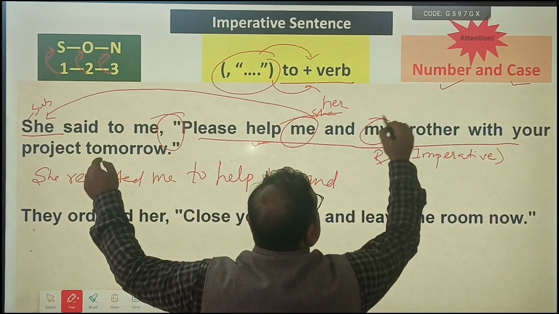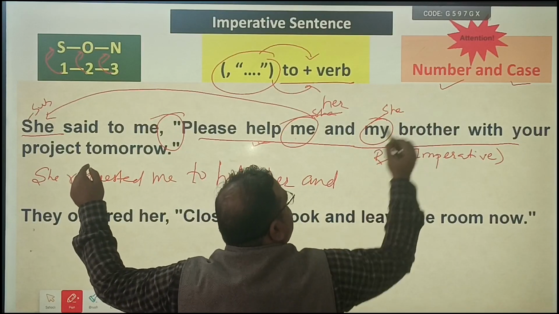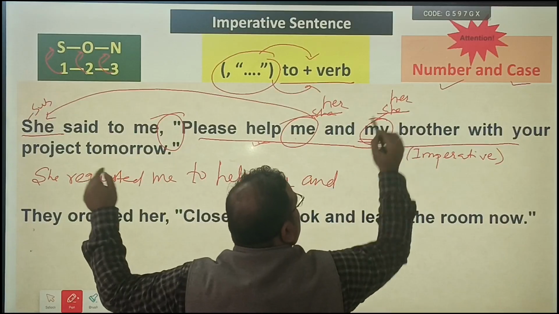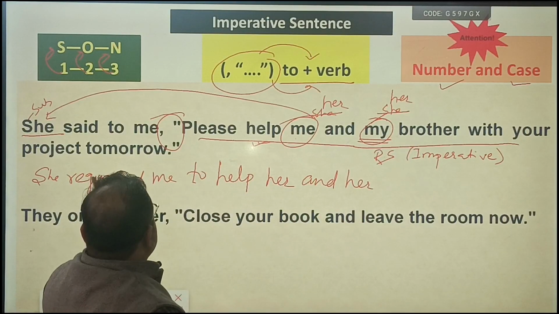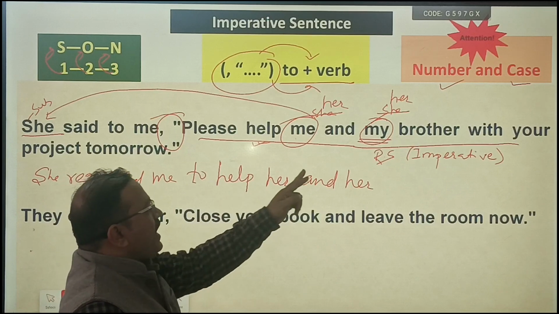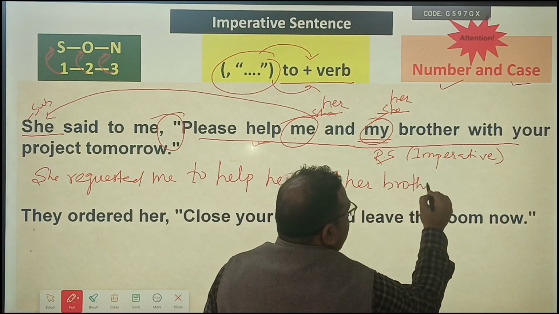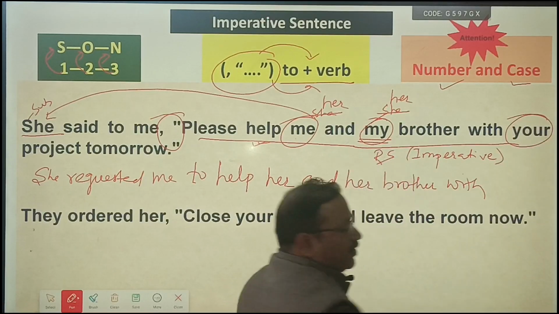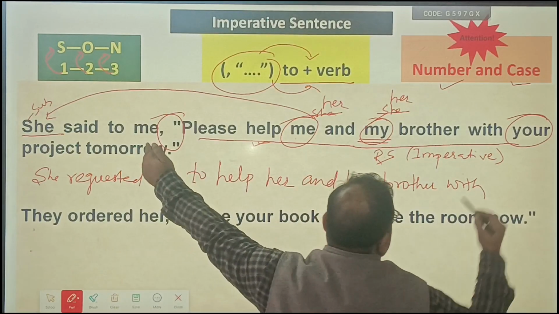What is subject? She. Check number, singular, singular. Check case, this is possessive case. Possessive case of she is what? Her. She requested me to help her and her brother with. Now, this is your. Your is what? Second person will be changed by object.